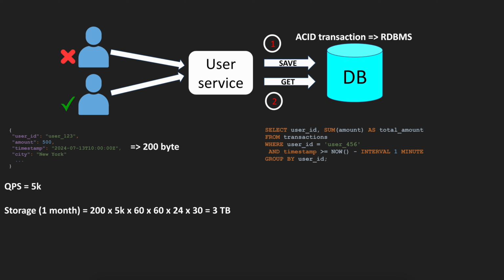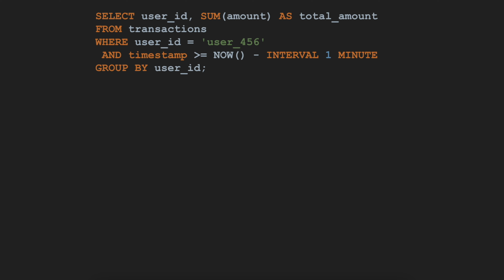It's about 2.6 terabytes. So approximately, let's take 3 terabytes of storage that we need for 1 month to store all our transactions, which means that after 1 month we are going to run our query on 3 terabytes of data.